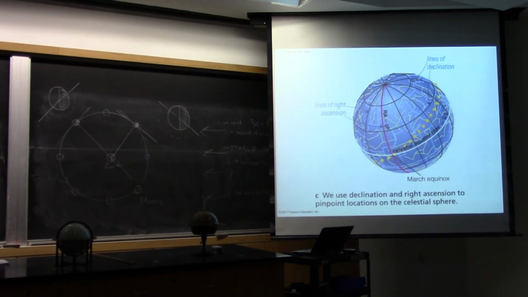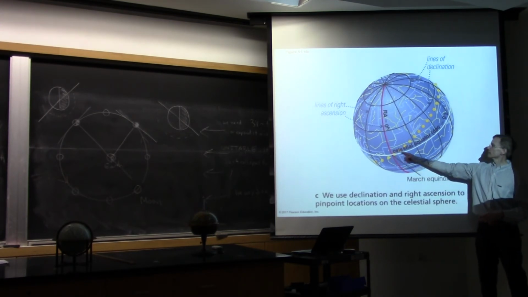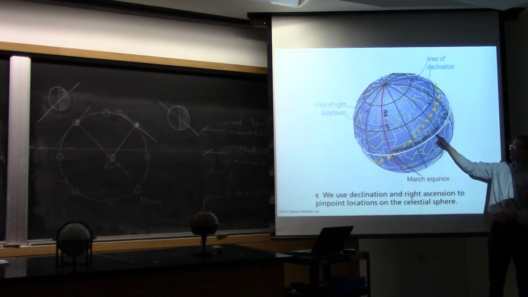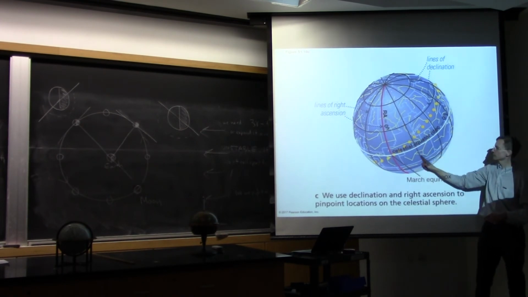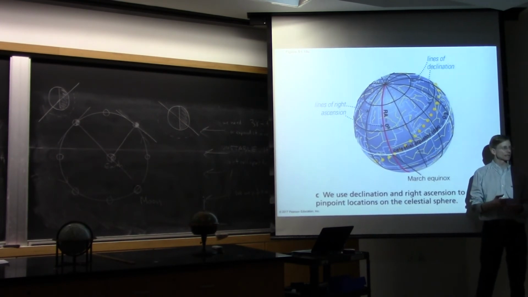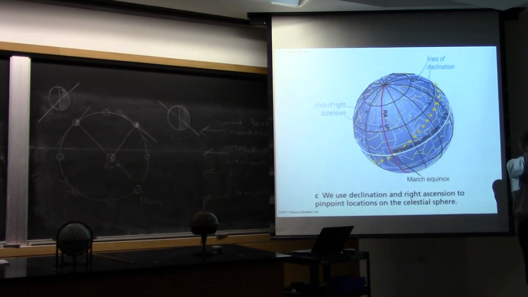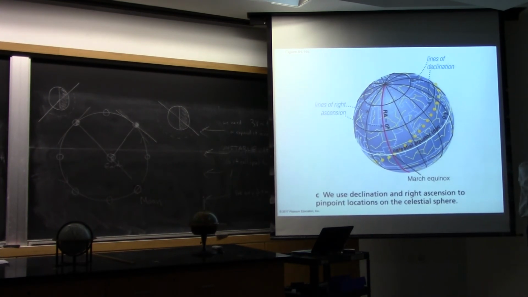Right ascension is kind of like the x-coordinate. It's like longitude on the Earth. Right ascension is measured along the celestial equator, and any points along the same circle perpendicular to the celestial equator all have the same right ascension. Just like if I go on a line perpendicular to the x-axis, all of those points have the same x-coordinate.